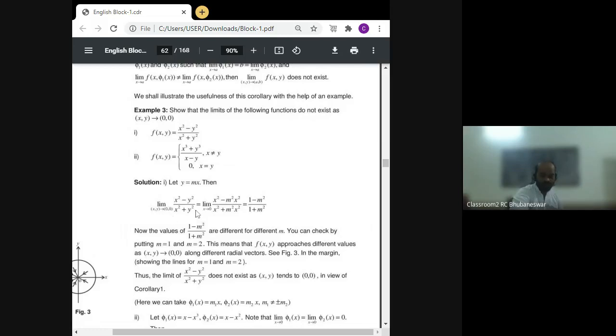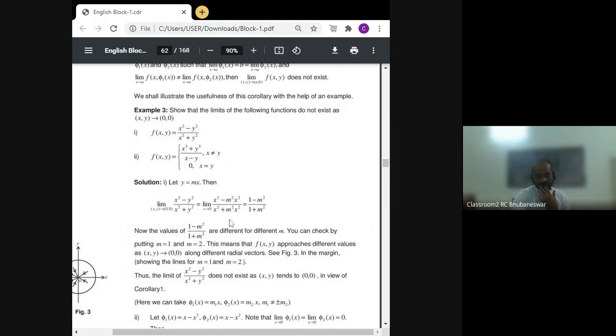So we substitute the value of y as mx in the given function, and then it is converted to a function of a single variable x, where x approaches 0.